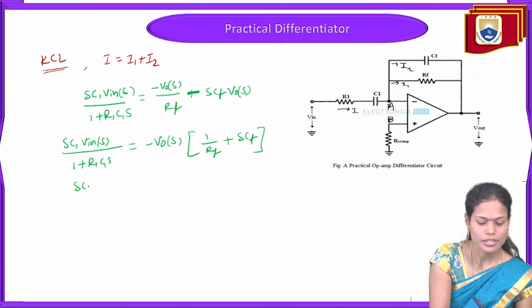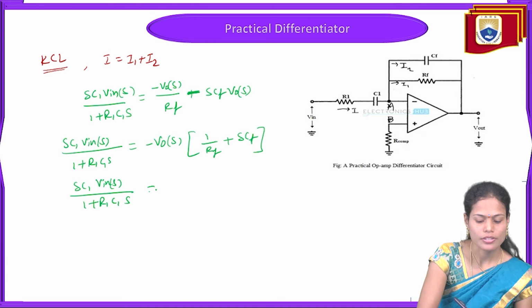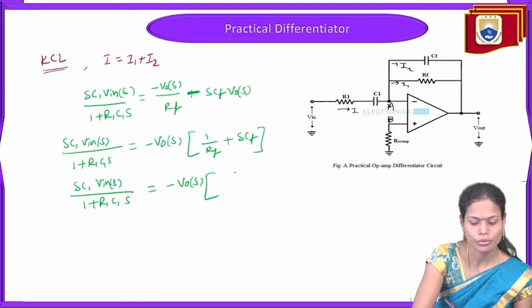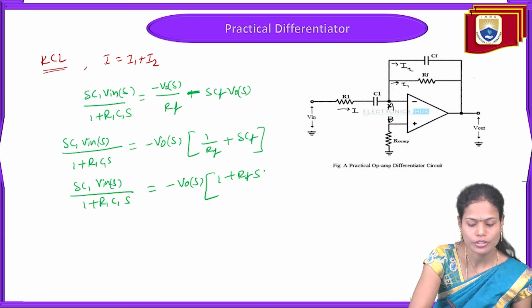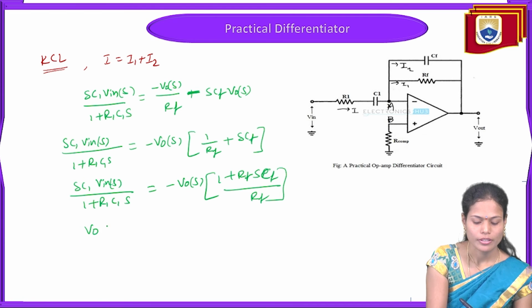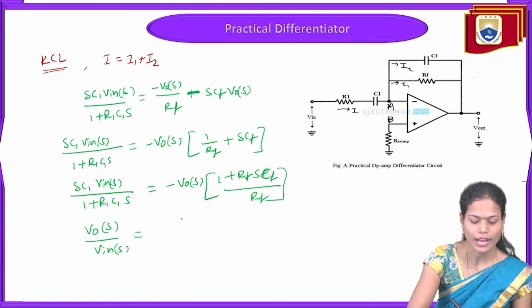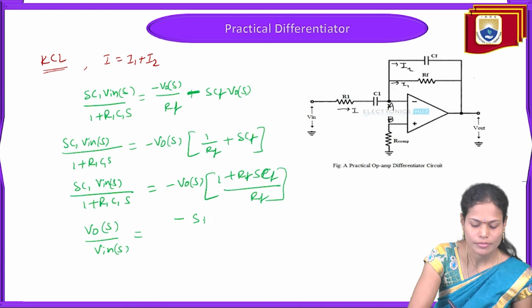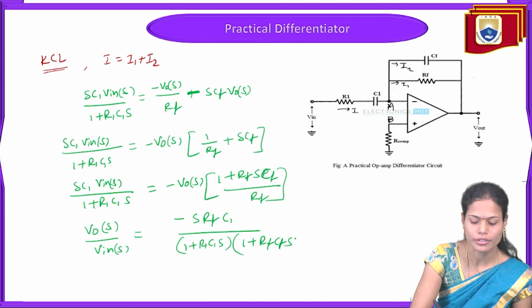I can write it as minus V0 of S into 1 plus RF CF S by RF. So from this, if we write V0 of S by Vin of S, we will get minus S RF C1 divided by 1 plus R1 C1 S into 1 plus RF CF S.